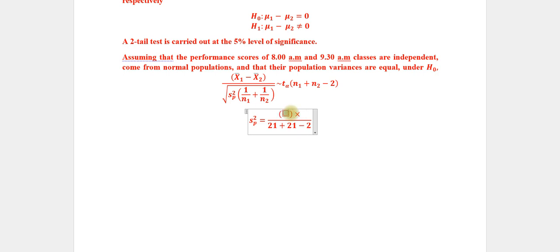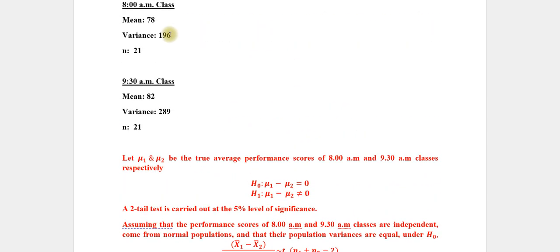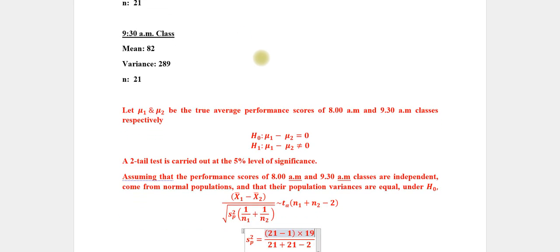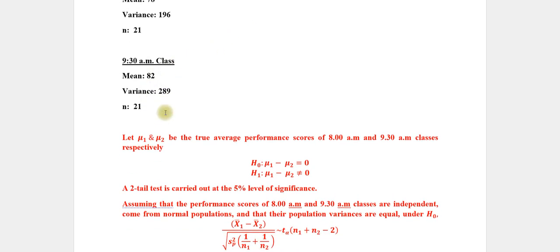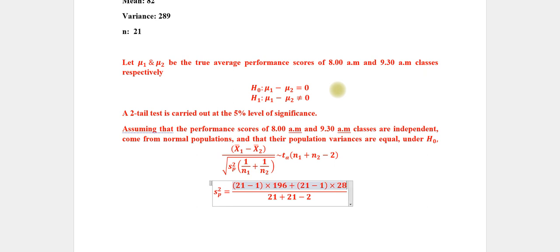So n1 minus 1 is 21 minus 1, times s squared 1, that is the variance for the first data, which is 196, plus n2 minus 1 times the variance 289, excuse me.